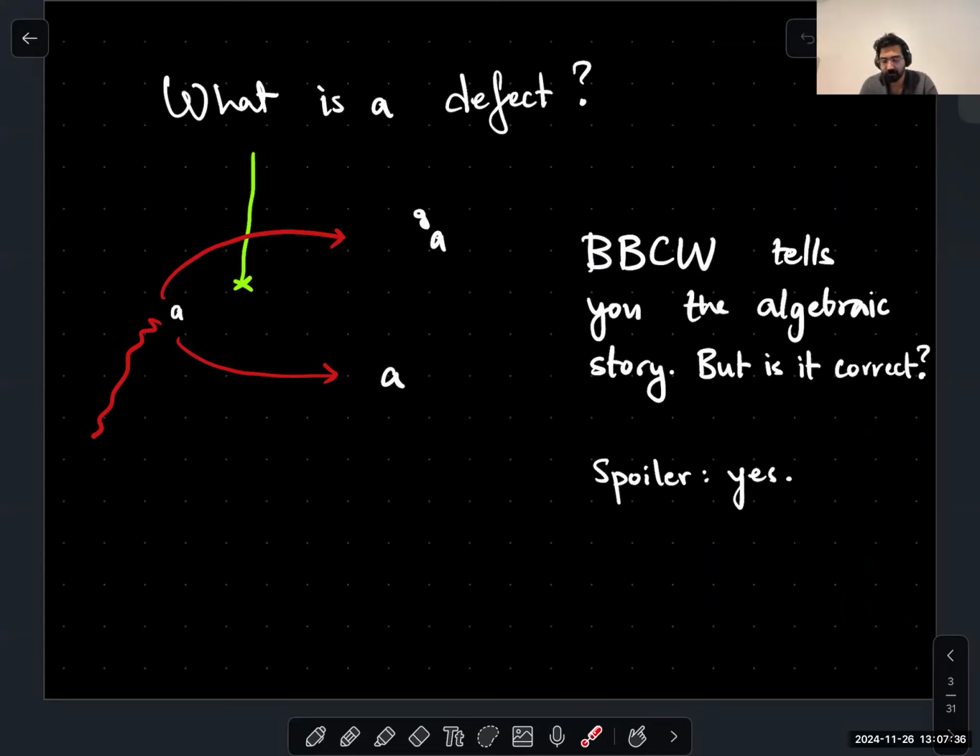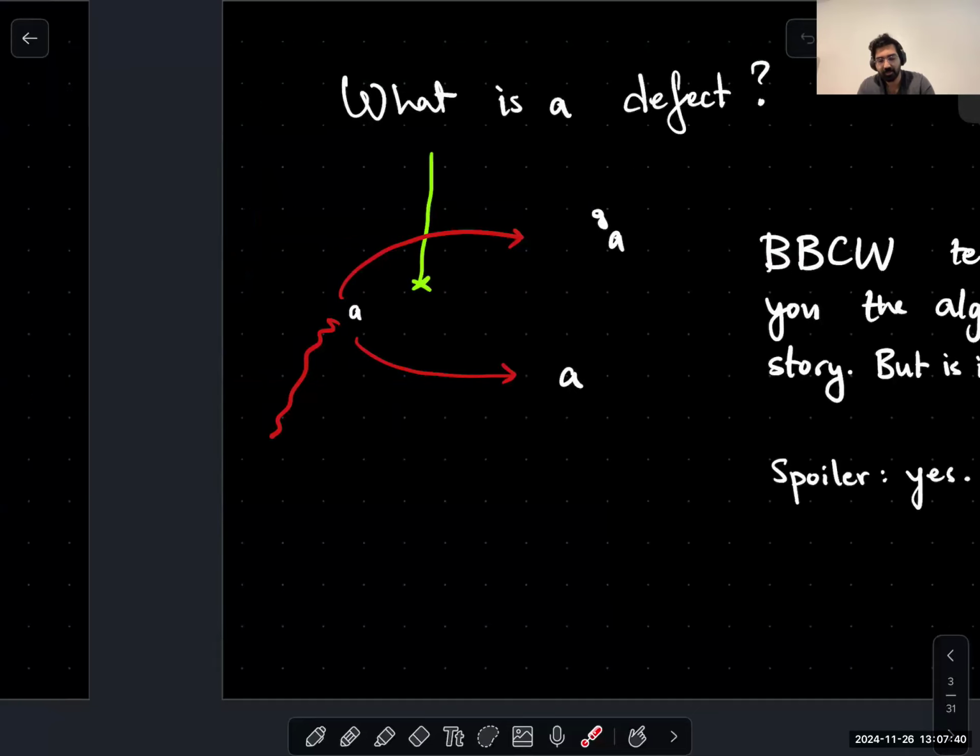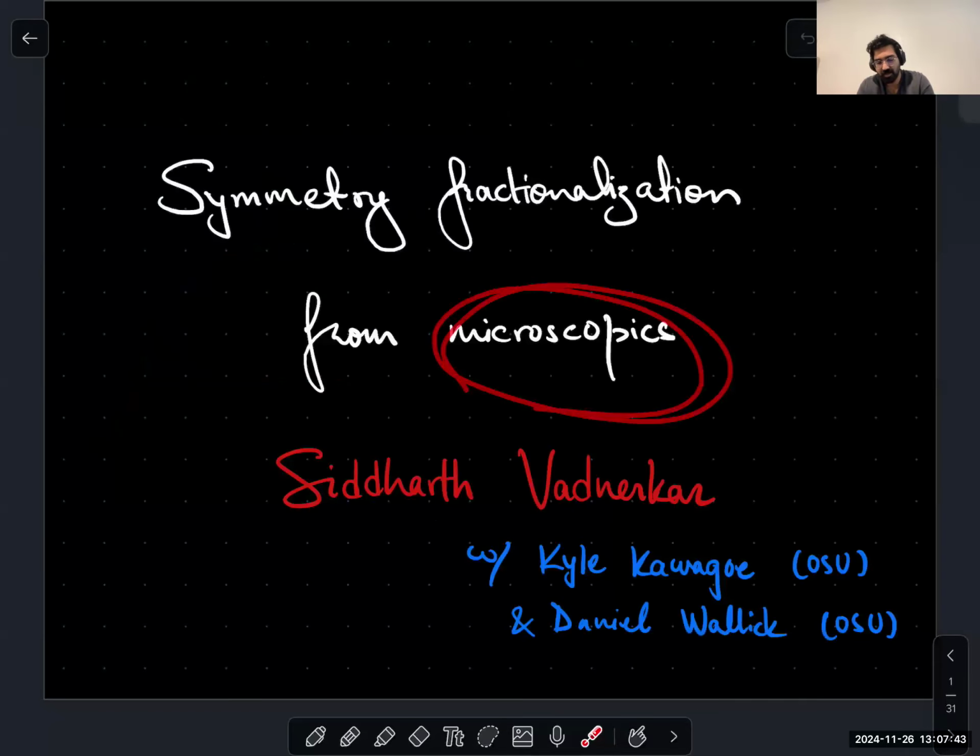All right. One more caveat before we start: this thing is microscopics. So at any point during the talk, if you stop me and say, Sid, I don't really understand, you lost me, what is the physics? What are the observables?